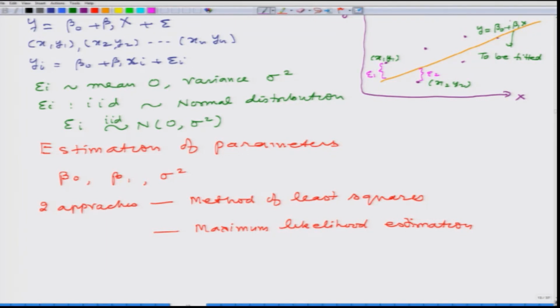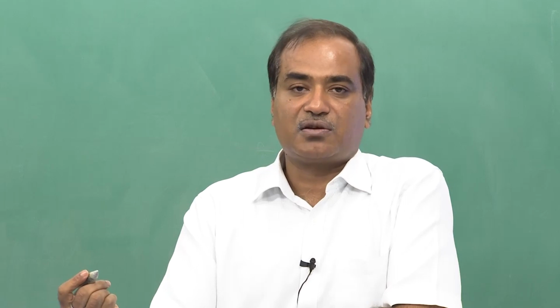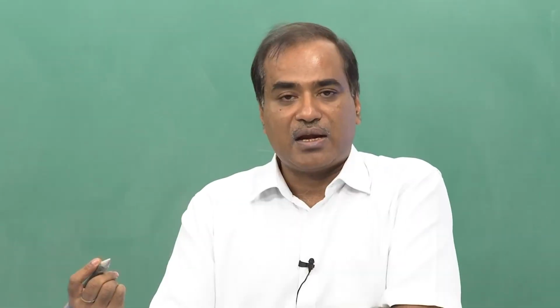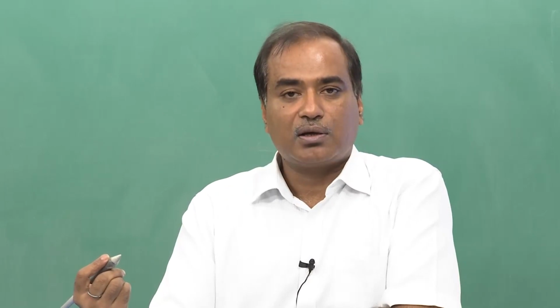So, first let us try to understand what is the least squares estimation. The principle says that we try to find the values of the parameters in such a way that the total error is as minimum as possible and most of the points are lying on the line.